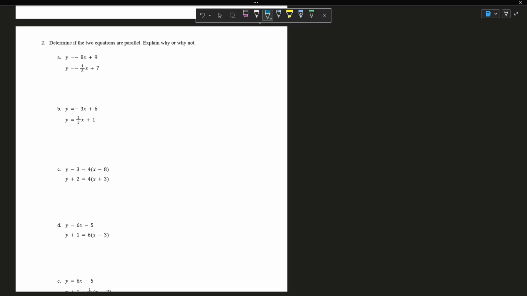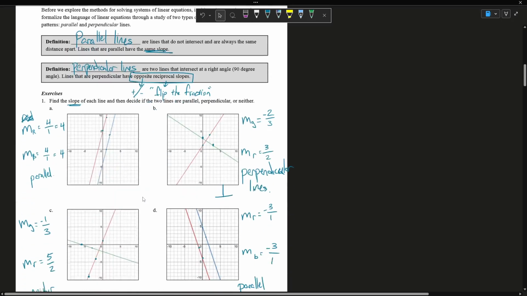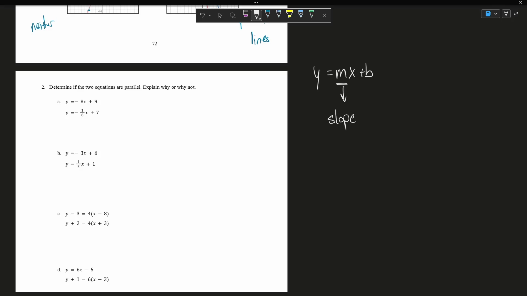Here, I have y by itself. So let's see which one has y by itself. Slope-intercept form. So that gives me y equals mx plus b, where m is slope, and we need slope to tell if they're parallel.